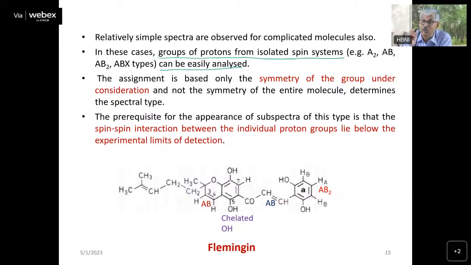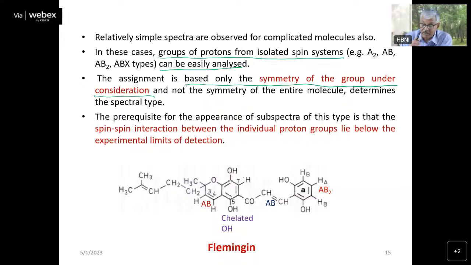So we will not look at the whole molecule; we will rather look at a group of protons. But how do we choose this group of protons? First, we have to find out the group of protons and their symmetry. For that group of protons, you have to consider the symmetry, so you need not bother about the symmetry of the whole molecule.